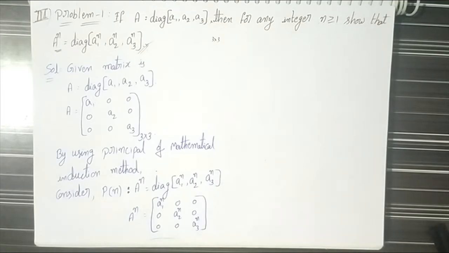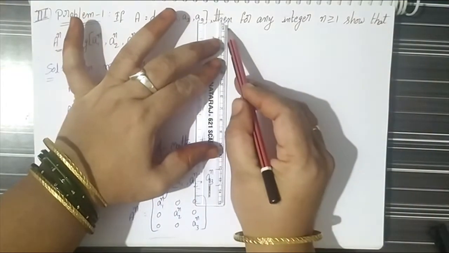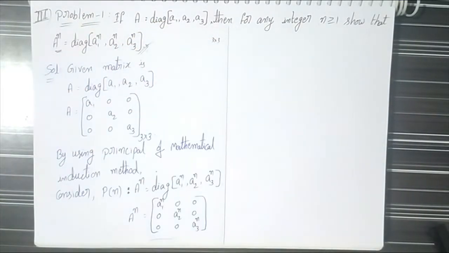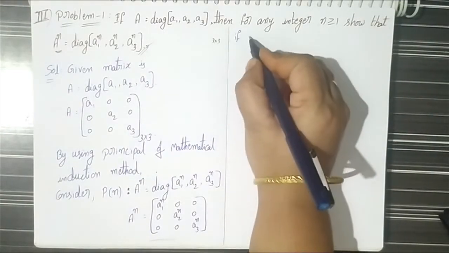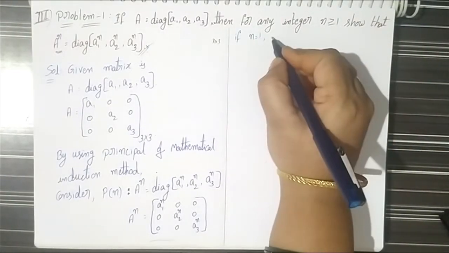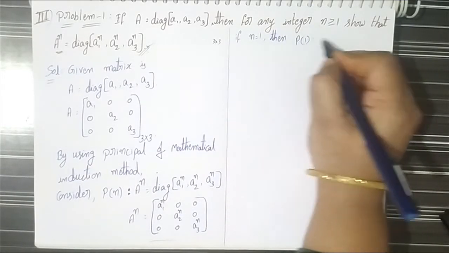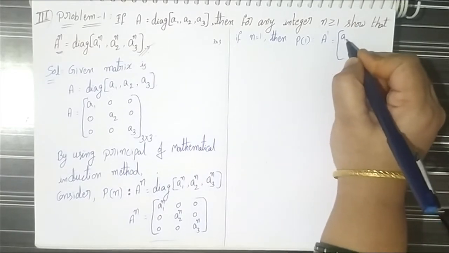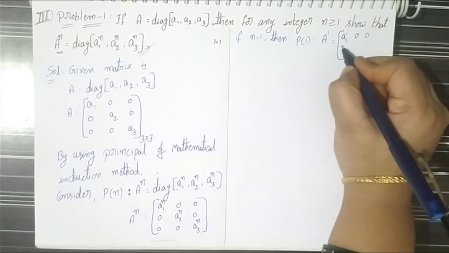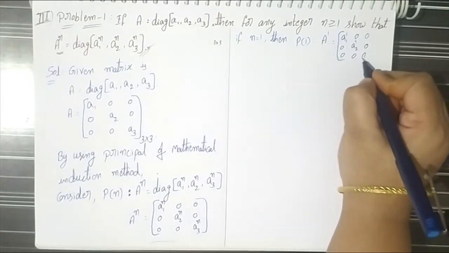Next, we check for n equal to 1. If n equal to 1, then P of 1 such that A power 1 equals the matrix a1 power 1 0 0, 0 a2 power 1 0, 0 0 a3 power 1.